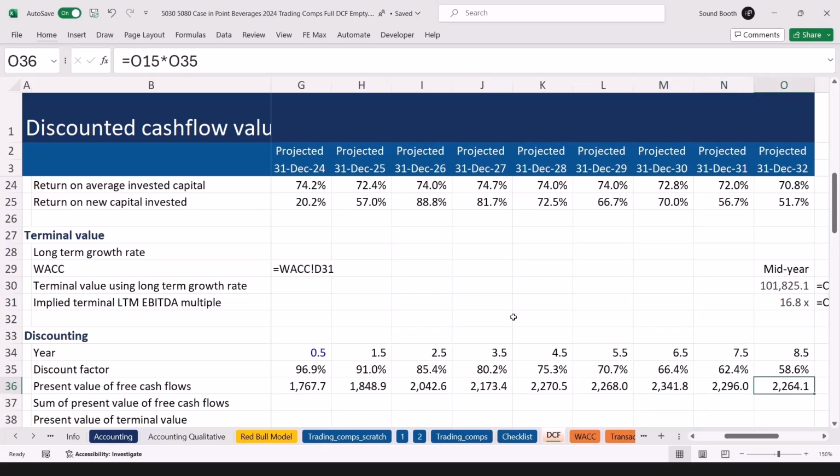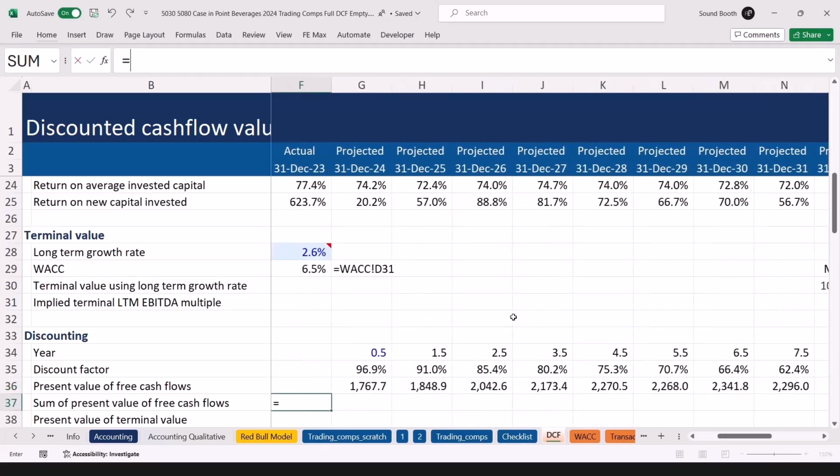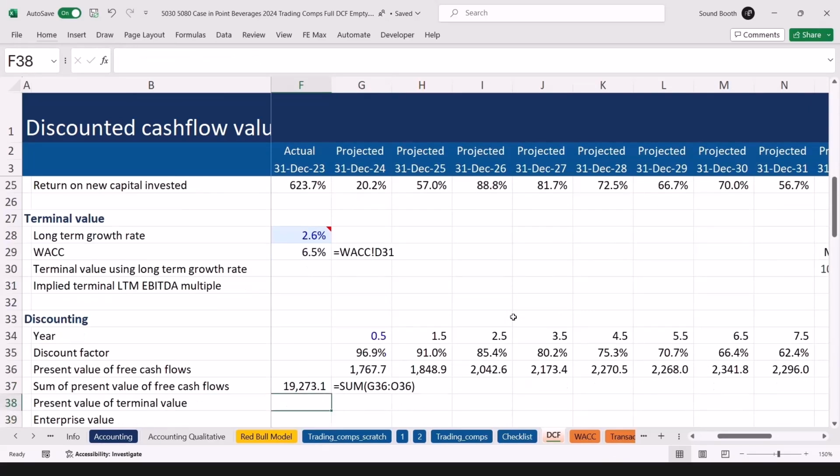So it kind of rises because the company is growing fast, and then when the growth rate starts to go below the WACC, the present value of the cash flow decreases. So then we can sum up the whole forecast free cash flows and we get the value of Red Bull during the forecast period, which is about 19.3 billion.